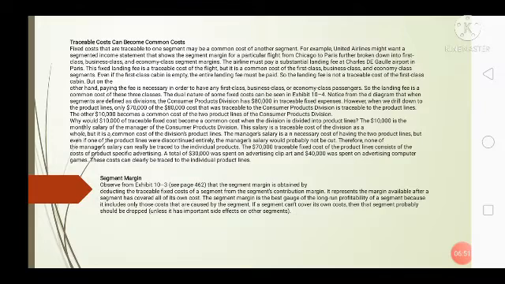The segment margin is the best gauge of the long-run profitability of the segment because it includes only those costs caused by the segment. If a segment cannot cover its own costs, that segment probably should be dropped, unless it has important side effects on other segments.